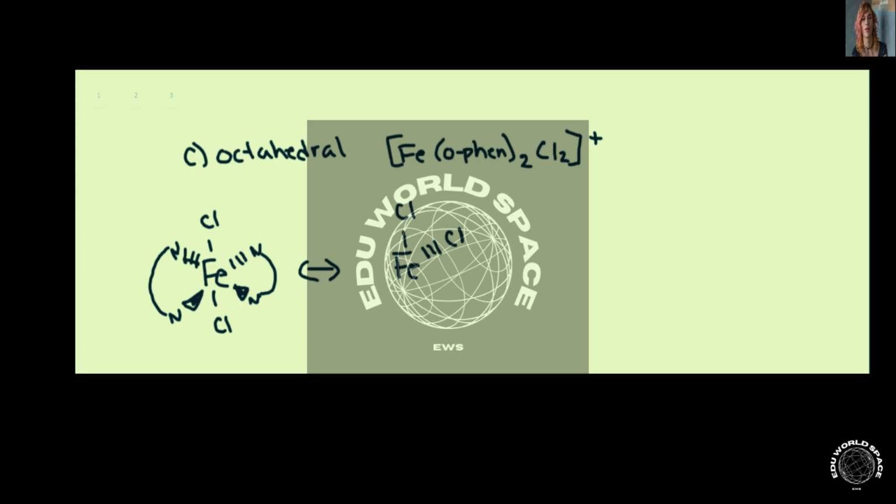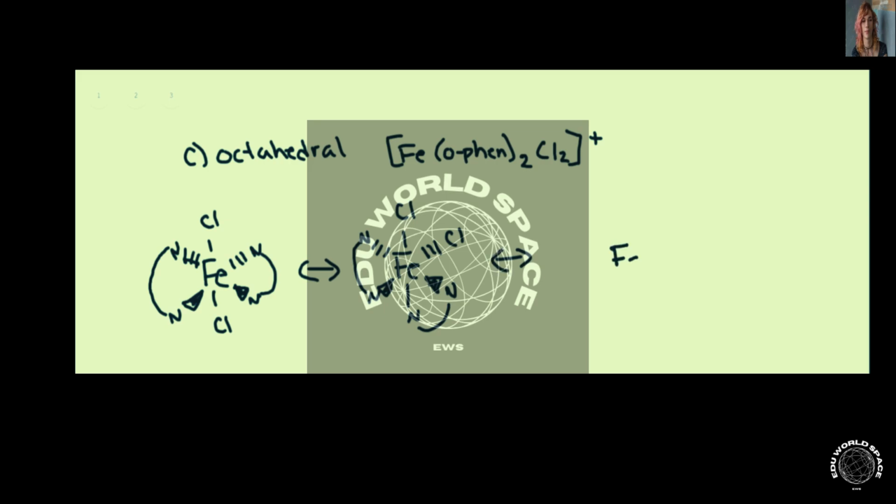So chlorine, and then we still have our O-phens like this, and then we have one more isomer, which would be the enantiomer of this guy, and so that means the mirror image.